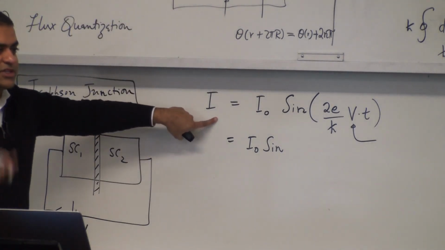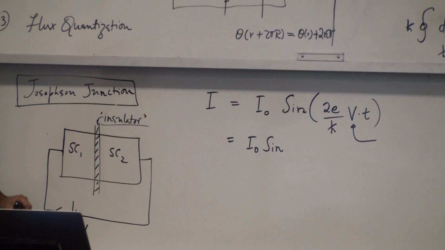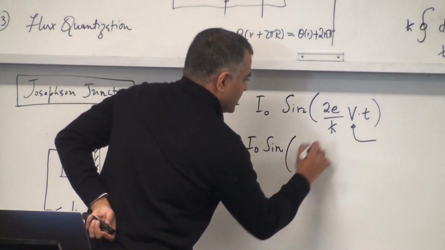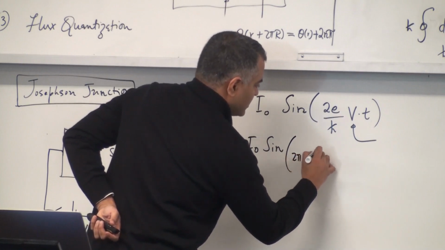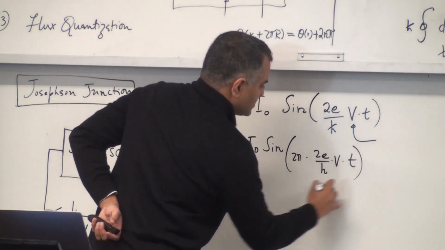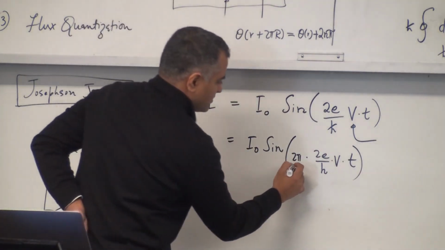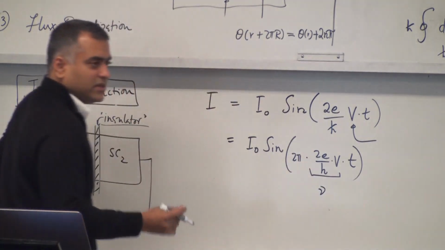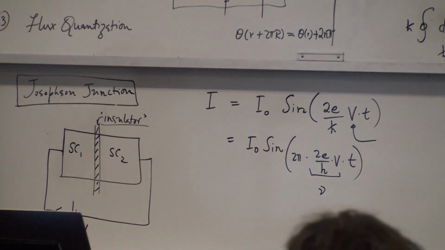I'll outline the process, but you do it in one of the assignment problems. So sine function, and h bar is h over 2 pi, right? And then you get 2e over h times V times t. I just broke it up a little bit further. And you realize that this is the frequency, nu, of oscillation.